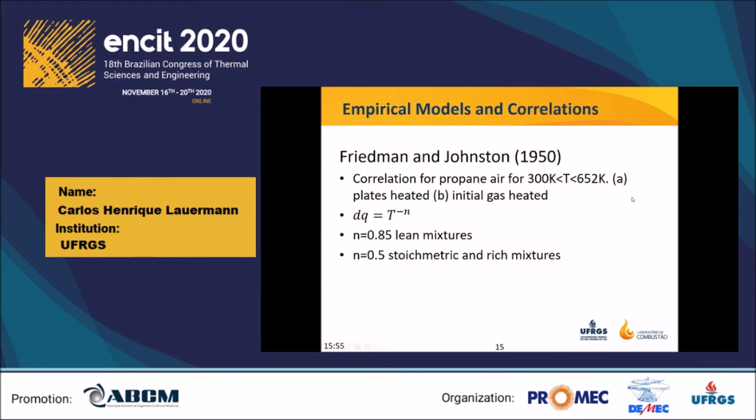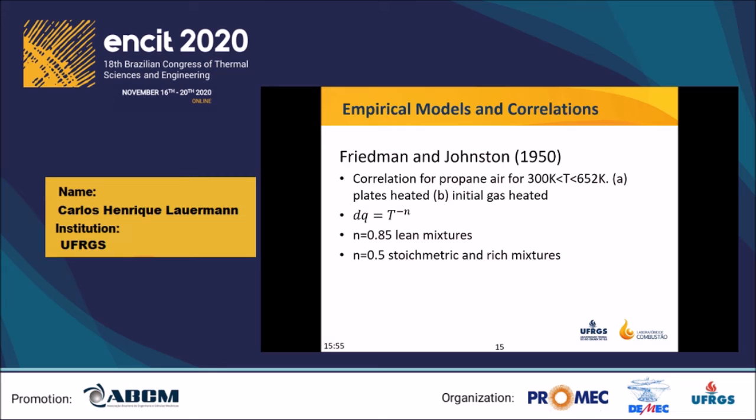And talking now about the empirical models and correlations, Friedman and Johnston in 1950 studied propane, and his correlation for propane varied the temperature from 300 Kelvin to 652 Kelvin.